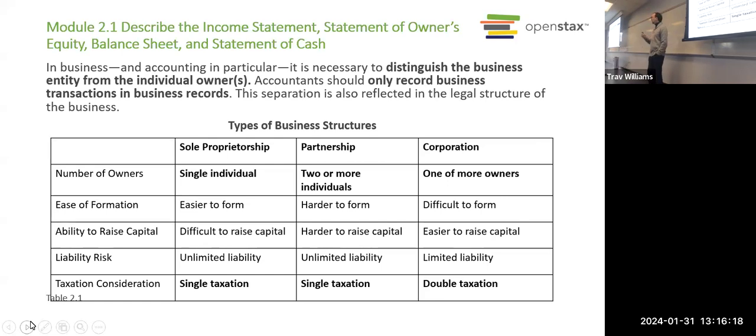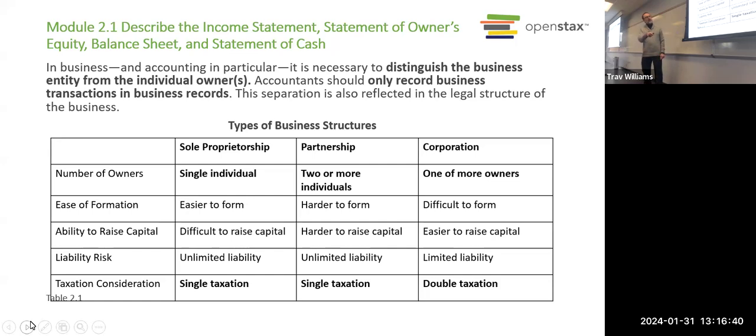We know that sole proprietorships have one owner, and that owner pays taxes on the profits of the business on their own income taxes, right? But if you have a partnership, that means there are multiple owners, and the profits are divided among the owners, and each owner pays taxes on their share of the profits, right?